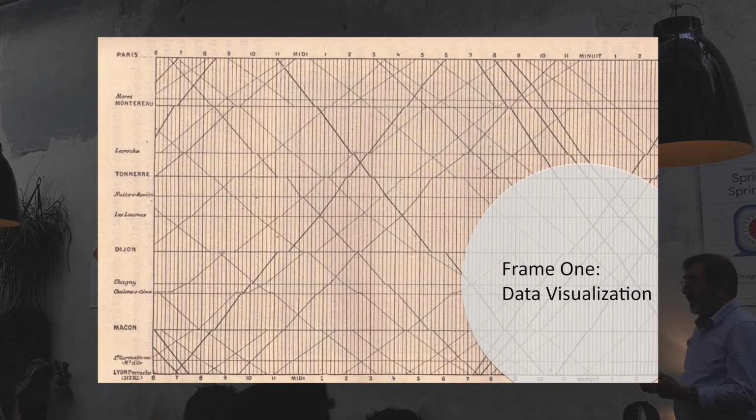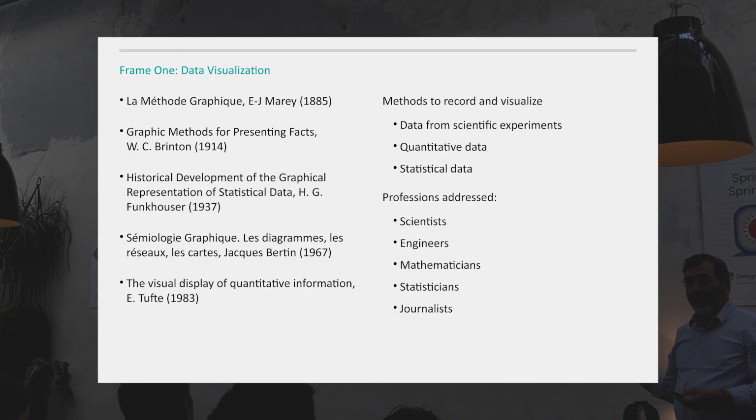So frame one, I think many people here are familiar with this frame. It's the history of graphic methods for visualizing quantitative data. That history actually begins with this book by Marey. I'll ask for hands up. How many people know who Étienne-Jules Marey is? One person, okay.